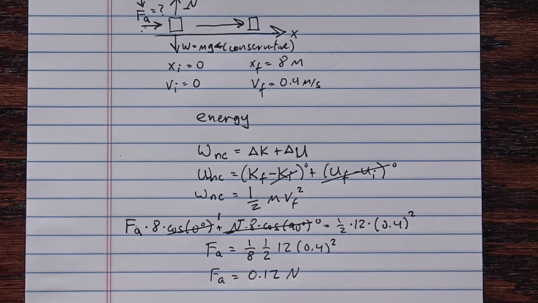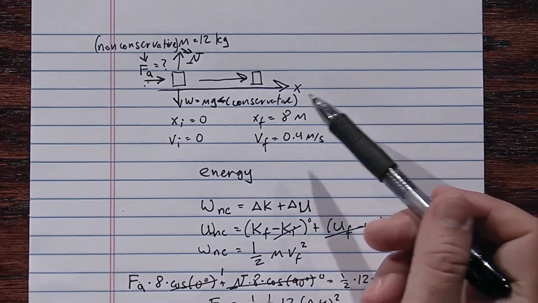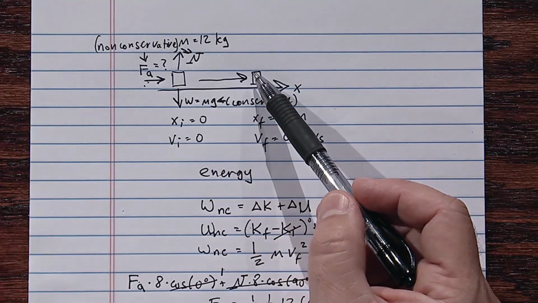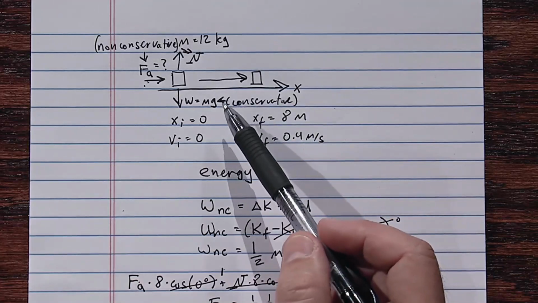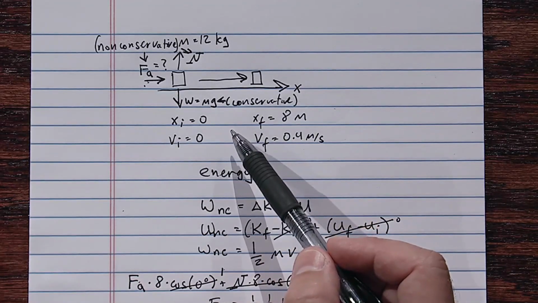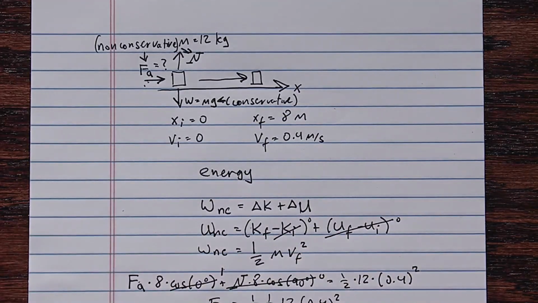So let's just review what we've done here. We drew our diagram. We have the initial position of the box. We have the final position of the box. We listed all of our knowns and unknowns, everything that we could get from the question statement, and we drew in the forces on the box.